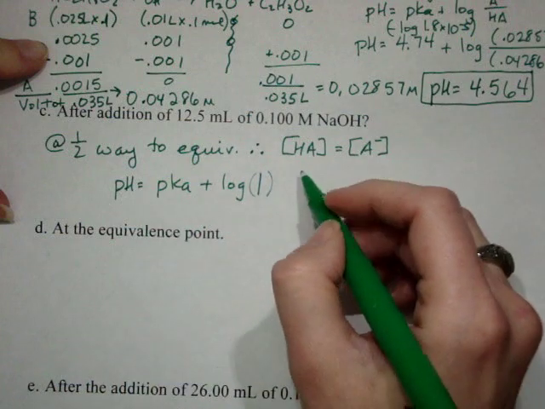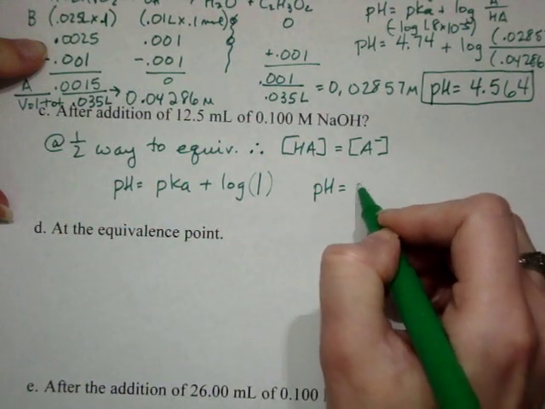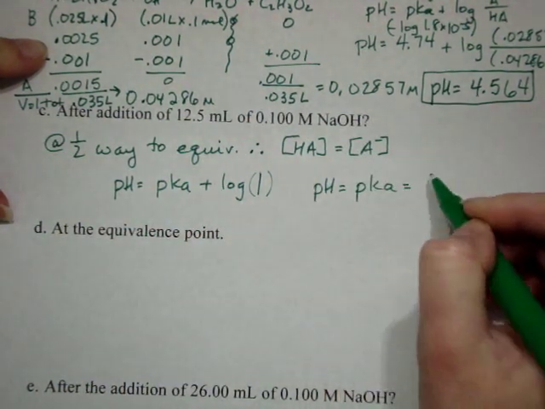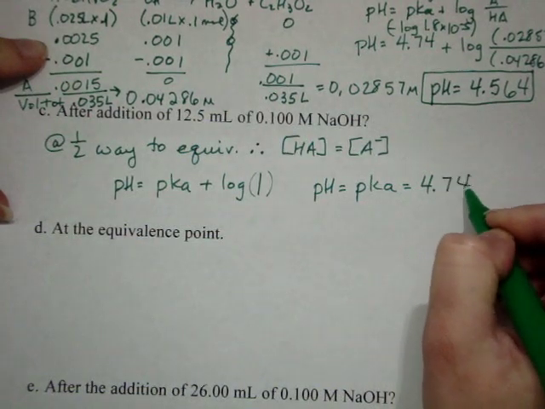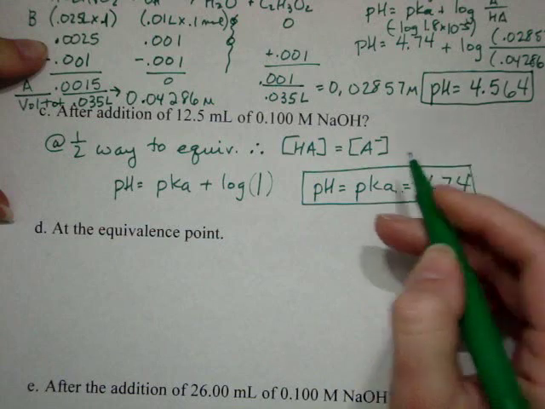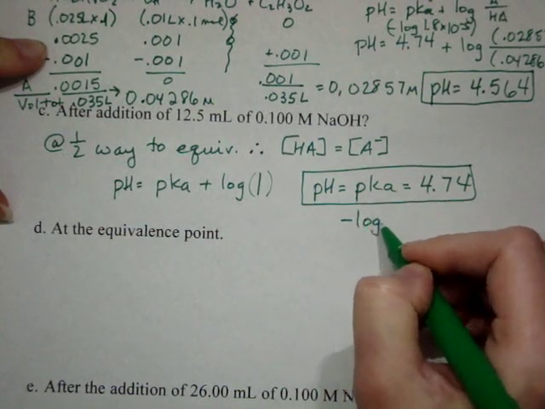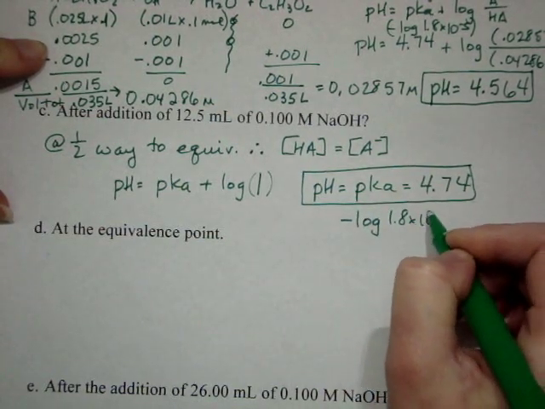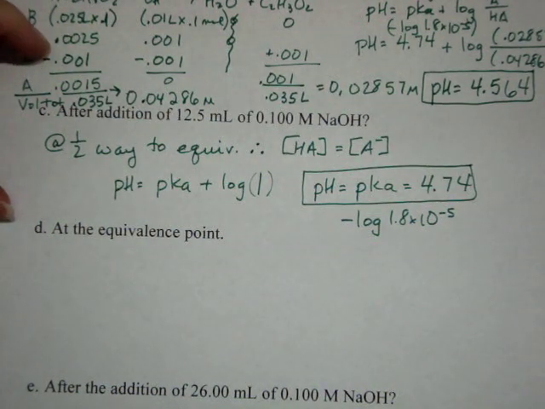And so pH equals pKa, which is 4.74 for acetic acid. Again, to get that pKa, that was negative log of 1.8 times 10 to the negative 5 from acetic acid's Ka value.